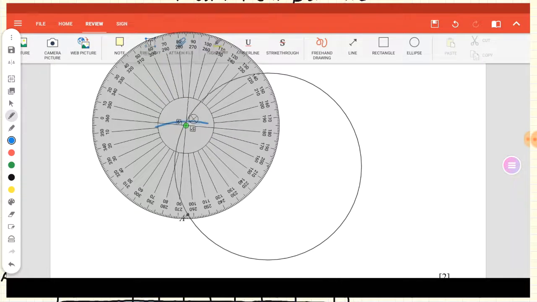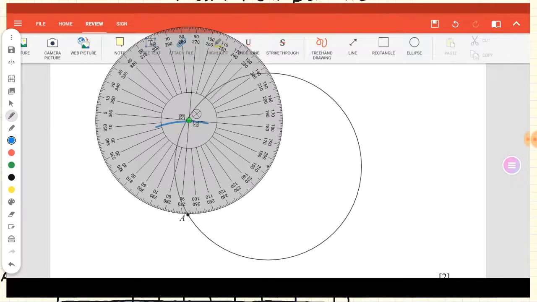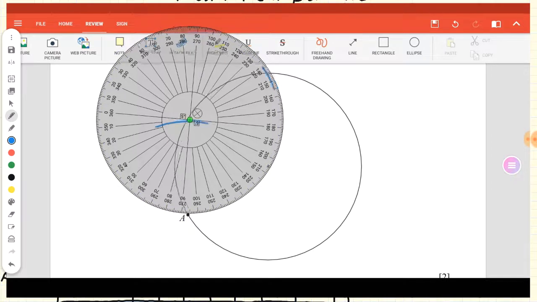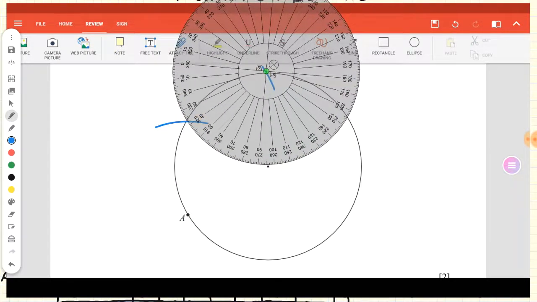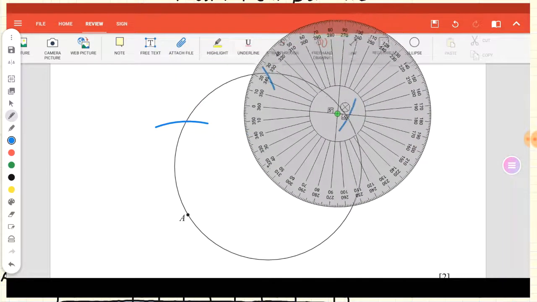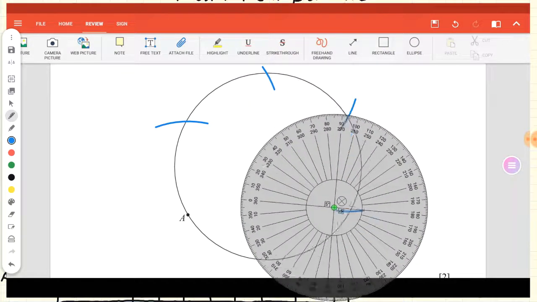Then the same, starting from this arc, you will do an arc here, then move to the next arc and do another arc here, then the same with the following arcs.